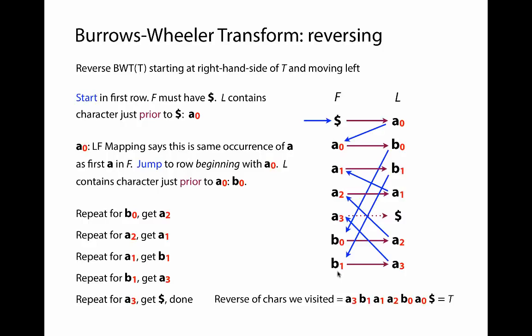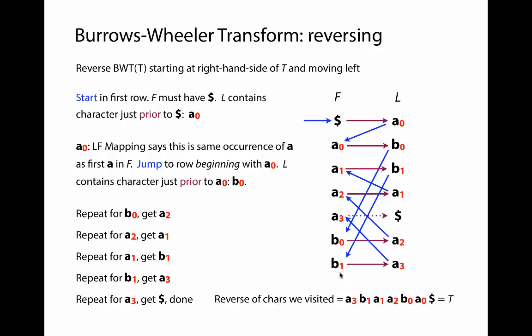All we really needed to know was basically how many times each character occurs, because that information, in conjunction with knowing a character and its rank, tells us exactly which row to jump to when we're going from one step to the next, because of the B ranking and because of how predictable this first column is. So we don't really need to store this column explicitly. We can just store the number of times each character in the alphabet occurs within T, and that's enough to let us proceed through this algorithm.